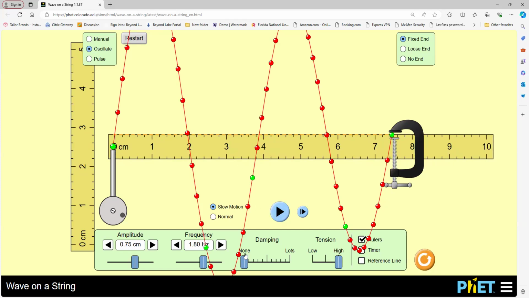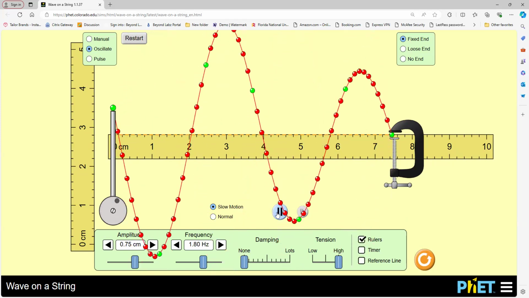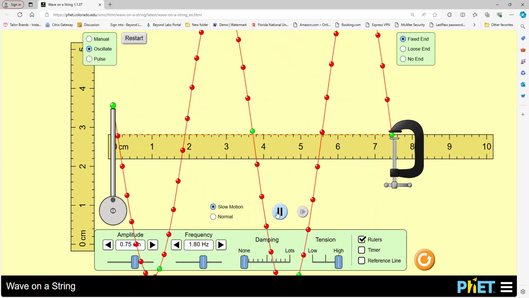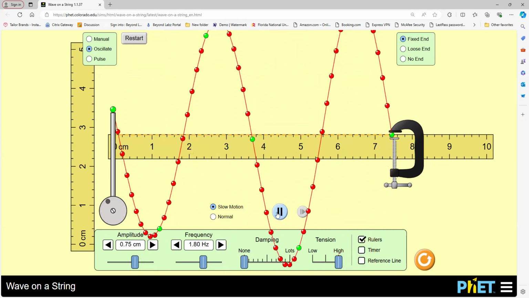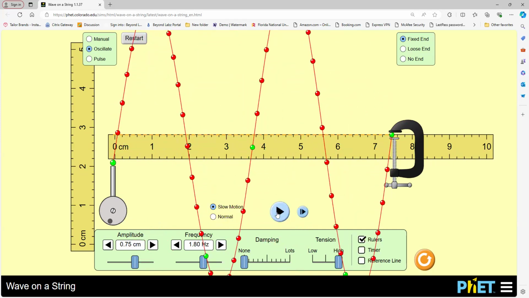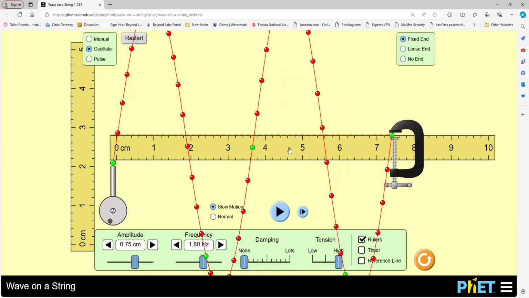It's always good to measure a couple of times. See, again we got the same thing, 3.7, 3.8. And like that, you can increase your frequency more to 2.10, later to 2.40.